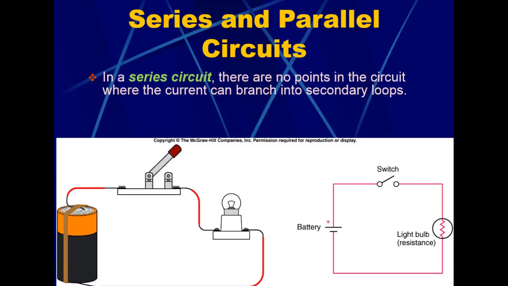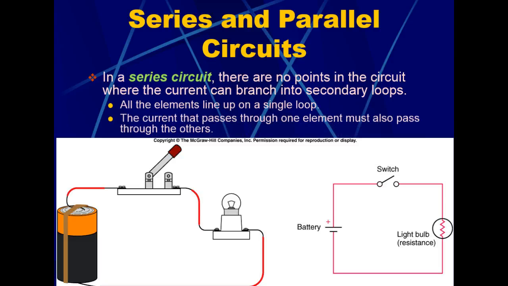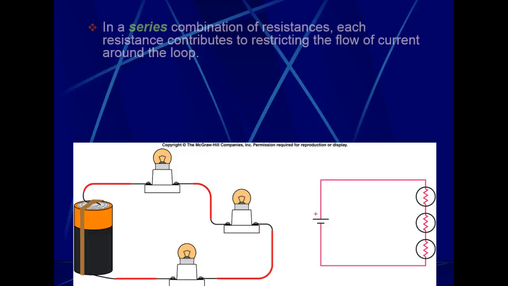So that leads us to the idea of series and parallel circuits. In a series circuit, essentially the elements are holding hands. There are no branches, no turns. Everything is on one primary loop. That is a full series circuit. You have one single loop. The current that passes through one element has to also pass through the others. There's no side roads for it to take.